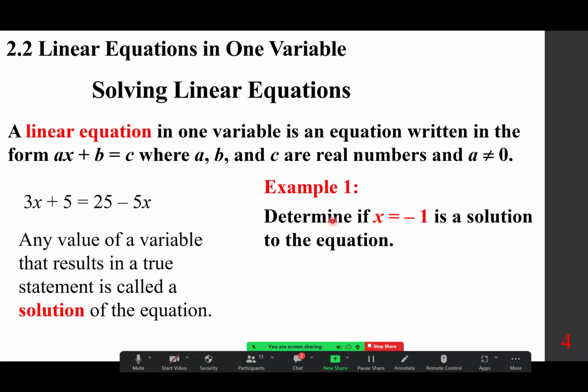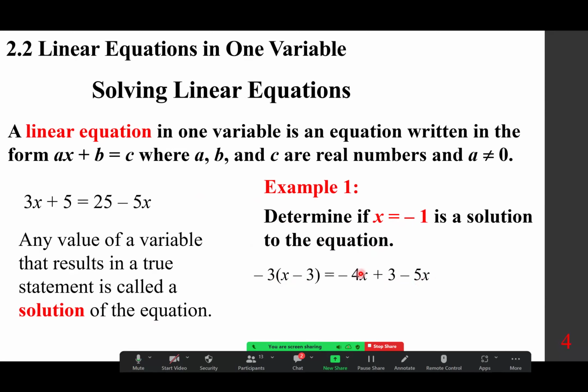Example 1. Determine if x equals -1 is a solution to the equation -3 times x minus 3 equals -4x plus 3 minus 5x.